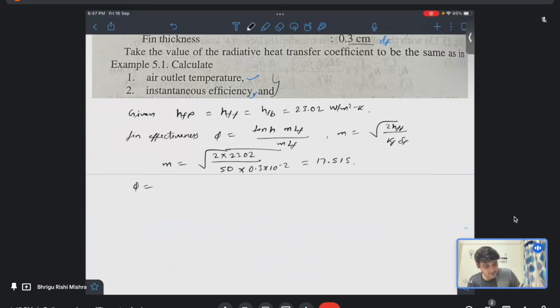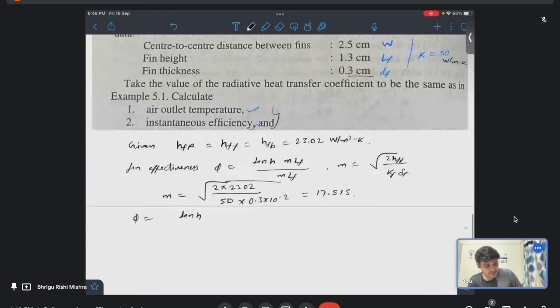So it is tanh of the product of m into LF, LF is given as 1.3 centimeter, so if you convert it into meter and do the calculation, the product will be 0.2277, divided by 0.2277, so it comes out to 0.9830.